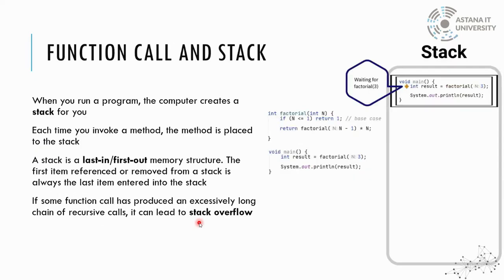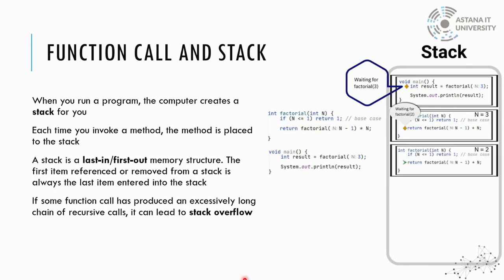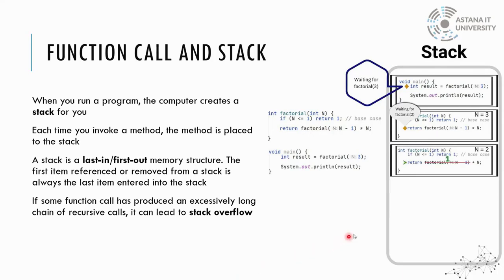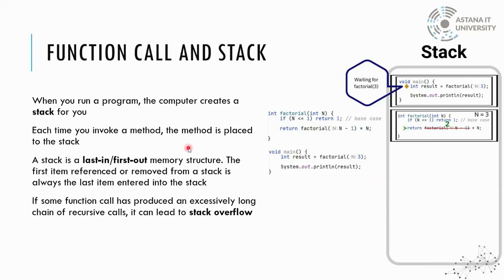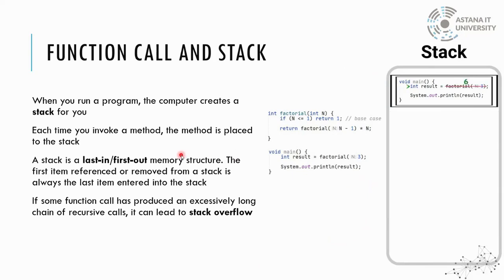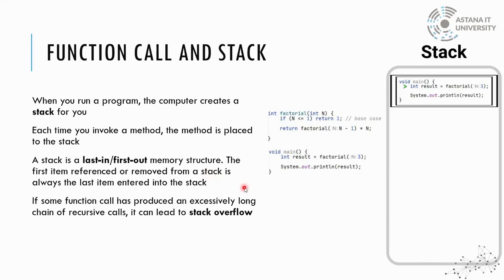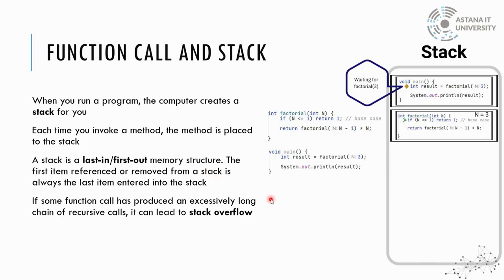So now we understand that when you run your program, a stack will be created. Each time you invoke a method, the method is placed on the stack in the form of a frame. A stack is a last-in, first-out memory structure, which means that the first item referenced or removed from a stack is always the last item entered into the stack.